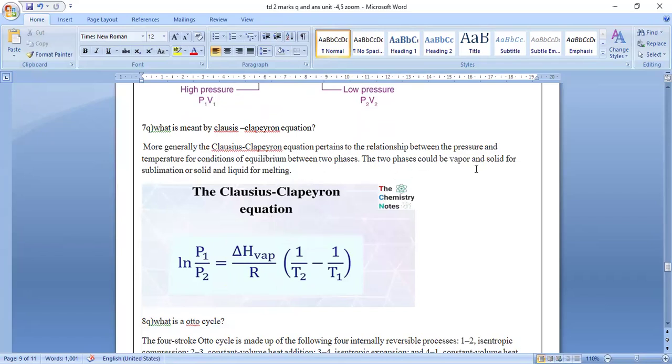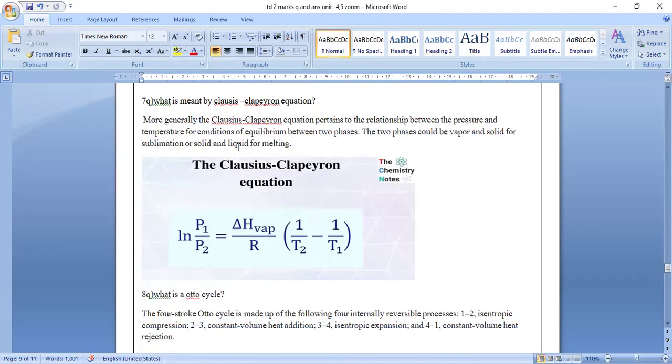Two phases would be vapor and solid for sublimation, or solid and liquid for melting. So you can go for the sublimation process, meaning from vapor to solid. So at the entry area is the vapor and at the exit area is the solid that you will be testing. Or from solid, when you are heating the solid, it comes into liquid, melting, that you can take here, the difference in the temperatures.